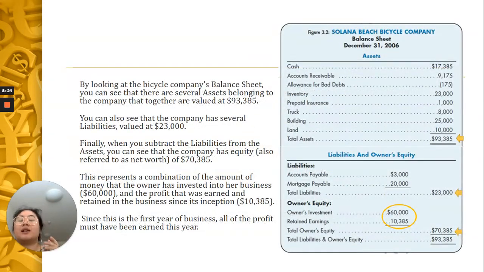Let's take a look at Figure 3.2, the Solana Beach Bicycle Company. As I said, when you read a financial statement, at the top of the page will be the name of the company, Solana Beach Bicycle Company, and the second line should be the type of financial statement.